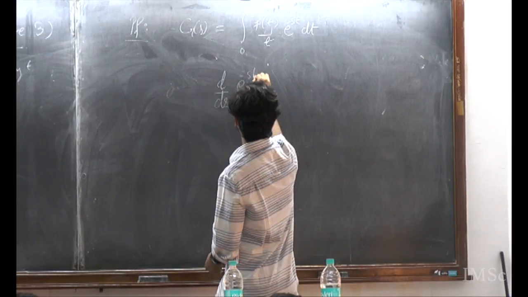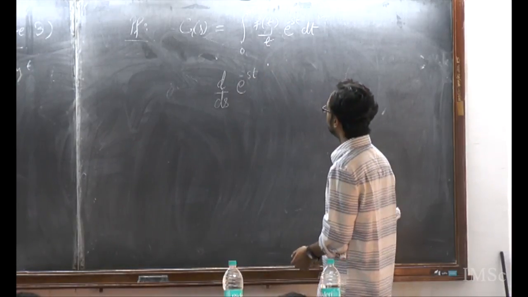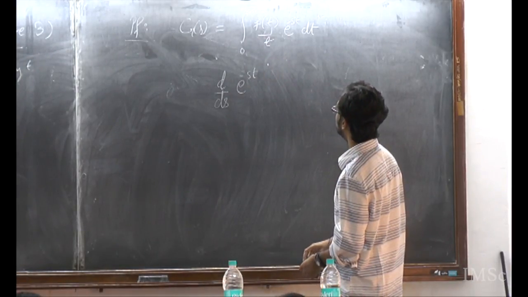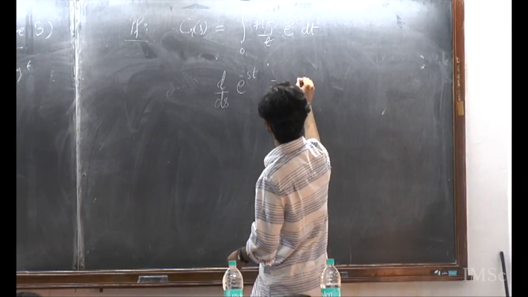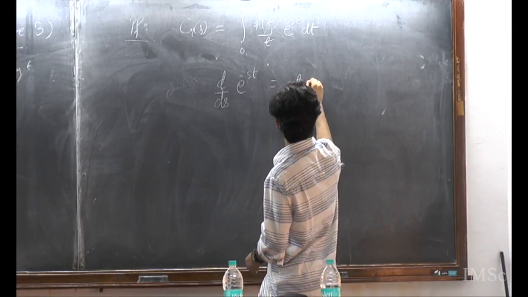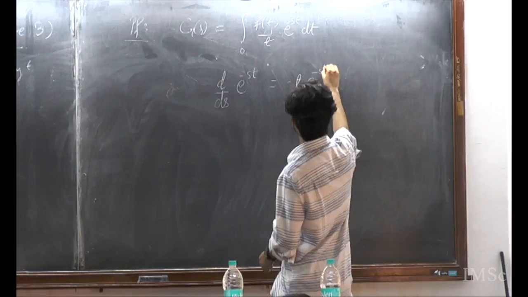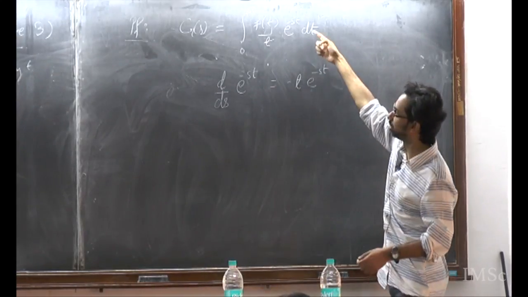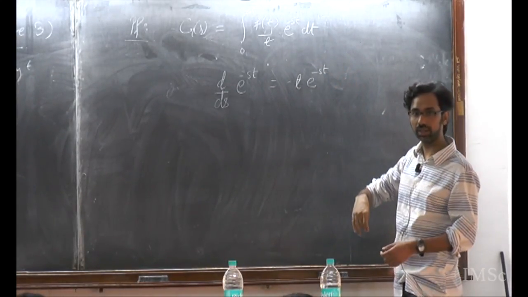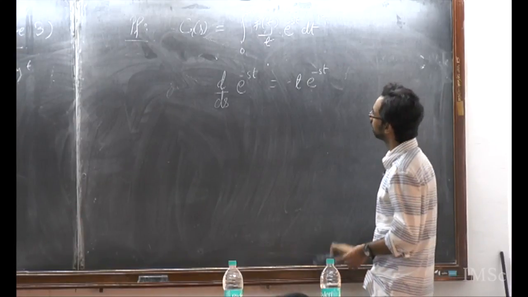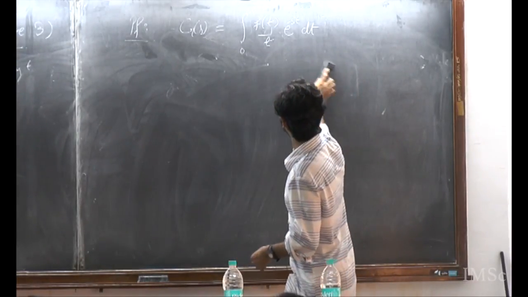So the derivative of e to the minus st is minus t e to the minus st. So when you are integrating e to the minus st, you will get a t in the denominator, okay? So we will use that trick.